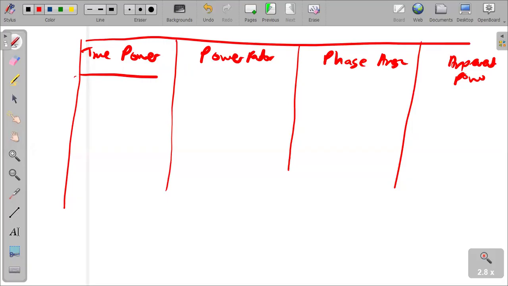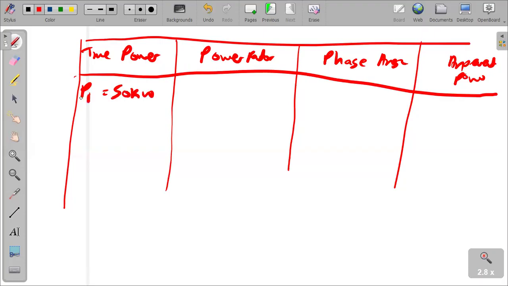Right, true power P1 marks my first power. I was told it's 50 kilowatts. P2 is 400 kilowatts. P3 is 350 kilowatts. And P4 is 100 kilowatts.